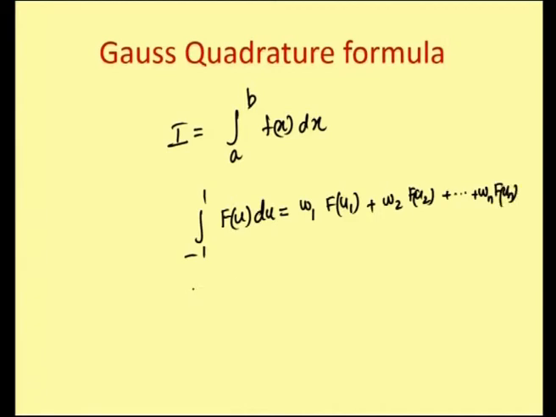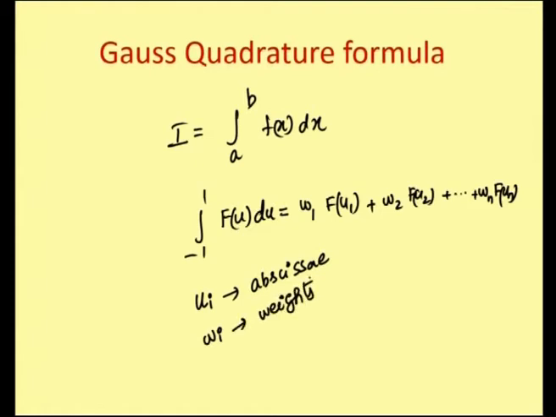Okay. Where ui are called abscissa and wi's are called weights.